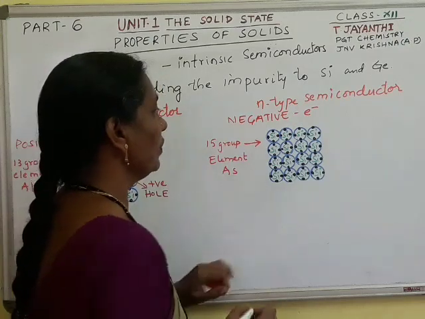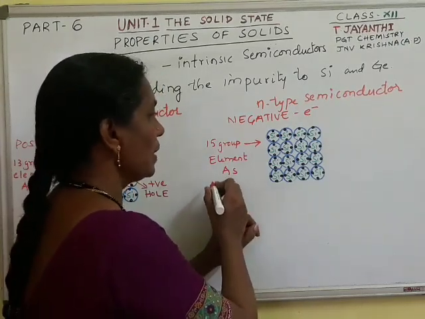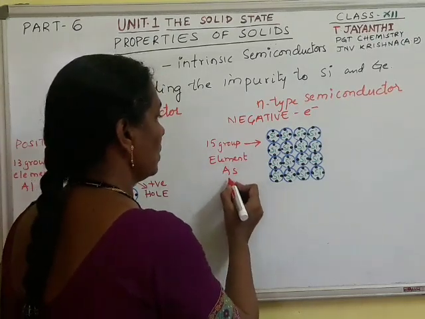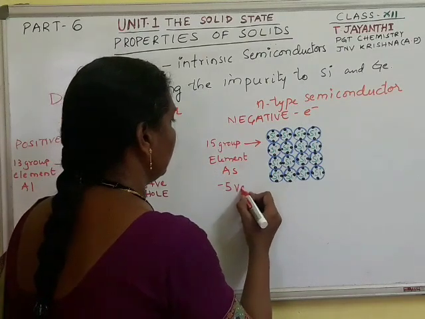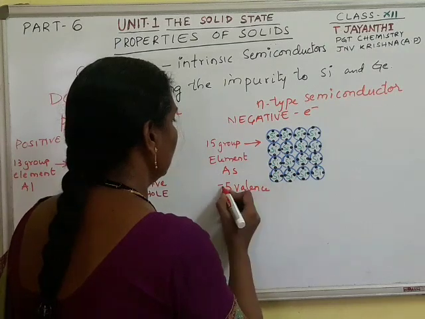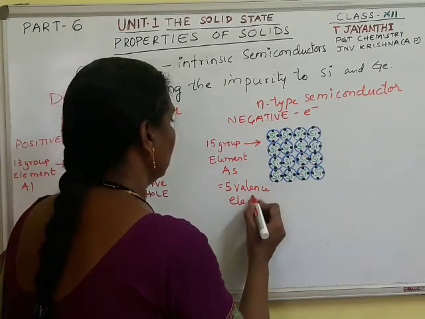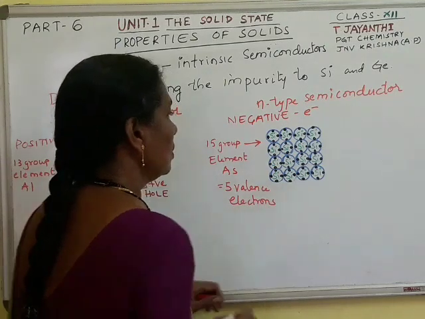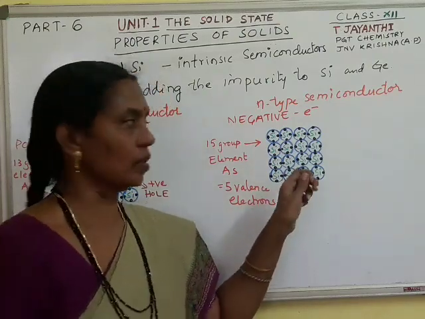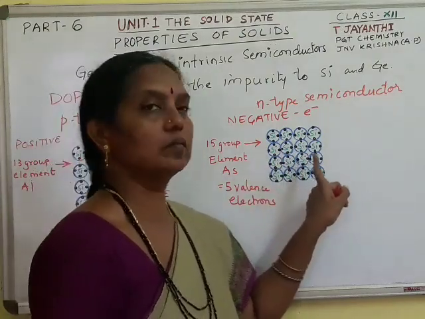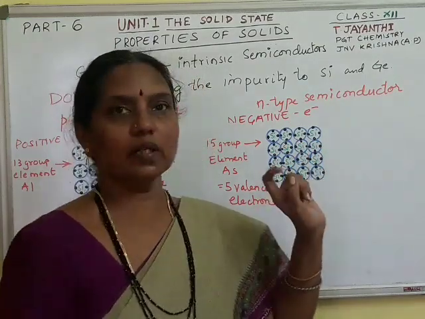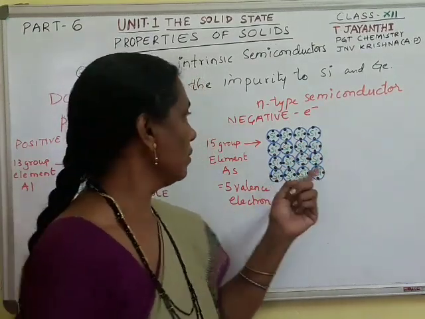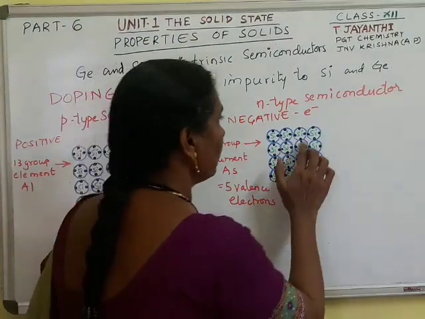Arsenic belonging to the 15th group has 5 valence electrons. So when it is added to silicon, silicon has 4 electrons and arsenic has 5 electrons. So what is happening here?